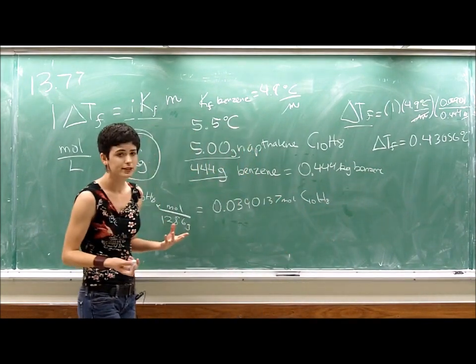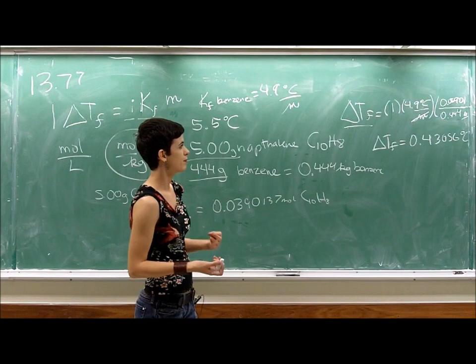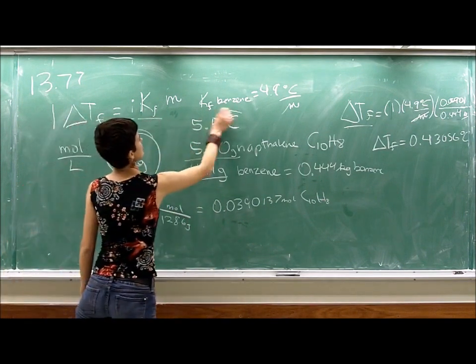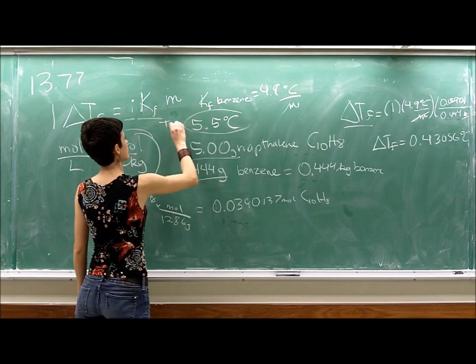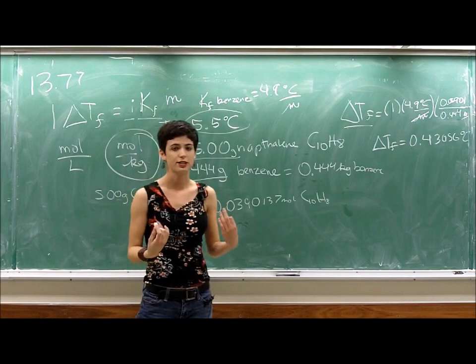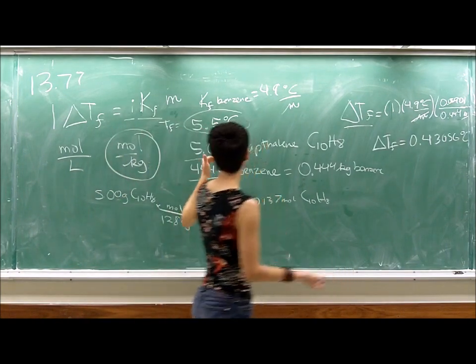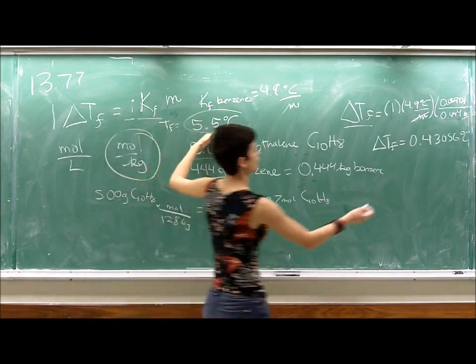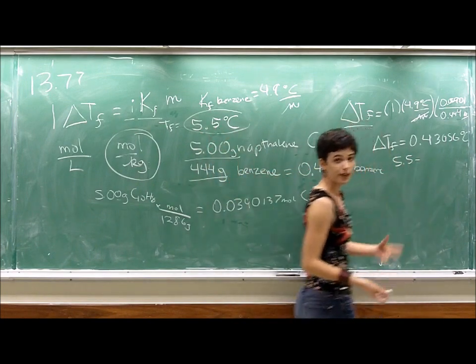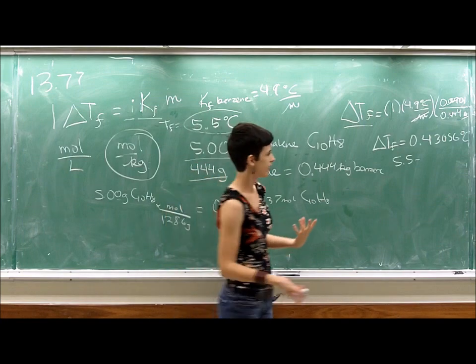This formula is for a difference in freezing point. So we want to start with our initial freezing point, and this formula is for freezing point depression. So we're going to start, and then we're going to use our difference here, subtract it because we want the lower value because it's freezing point depression.